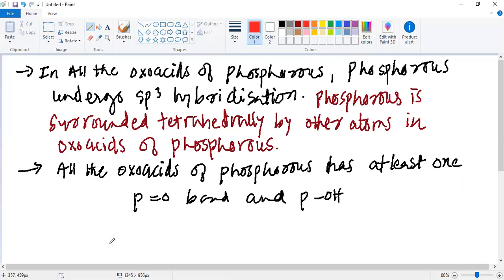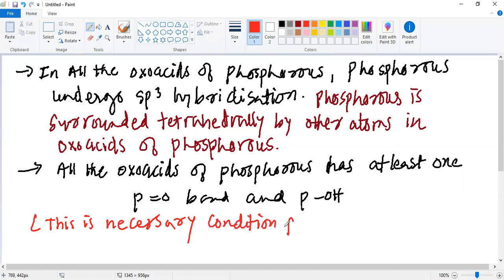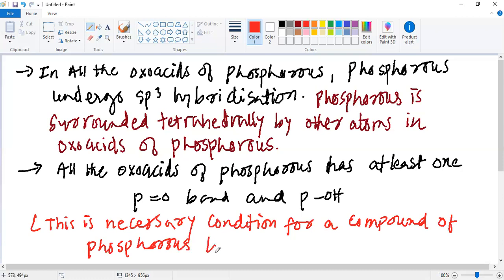This is the necessary condition for a compound of phosphorus to be called an oxoacid.